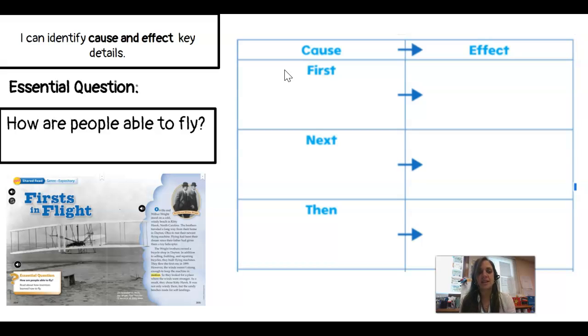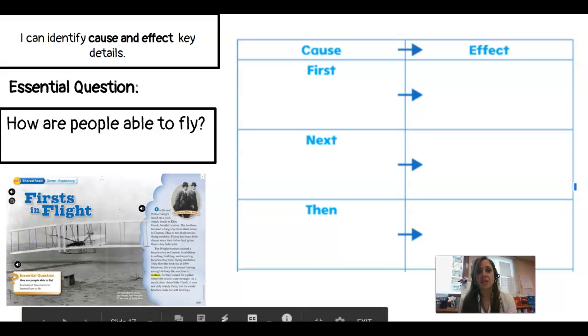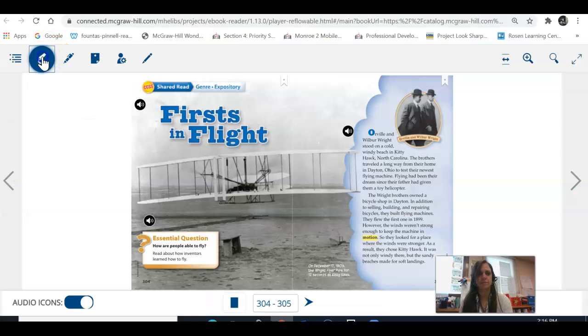Let's go back into our text called First in Flight and read it starting at the beginning, to identify key details that show cause and effect relationships in sequence. We're going to reread our expository text, First in Flight, to identify those cause and effect key details in sequence.